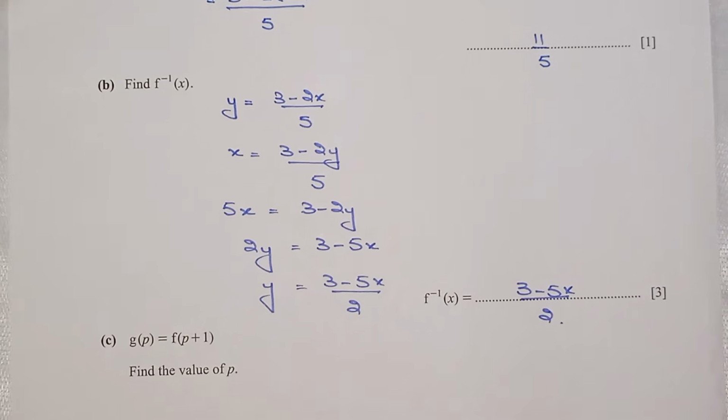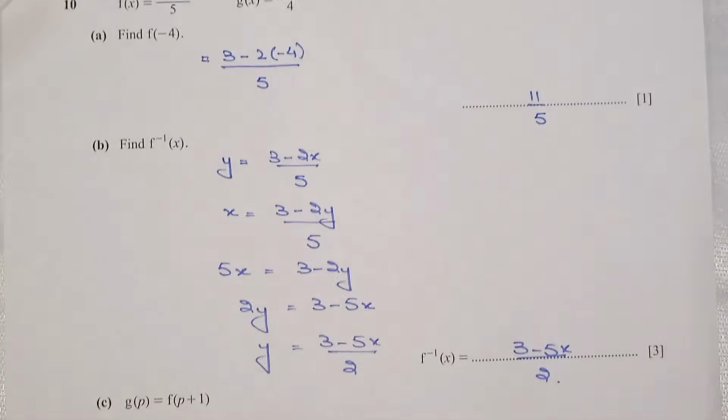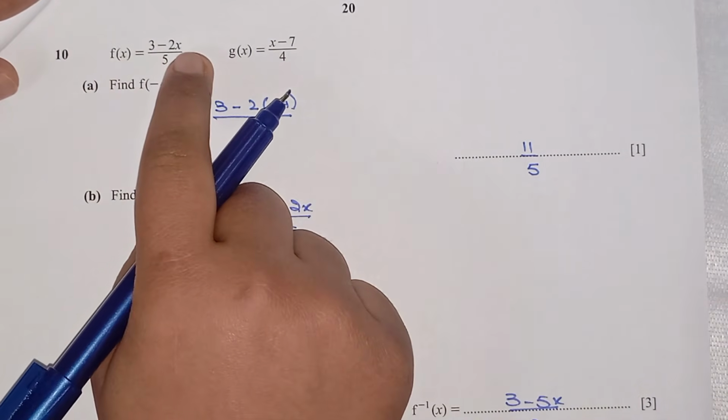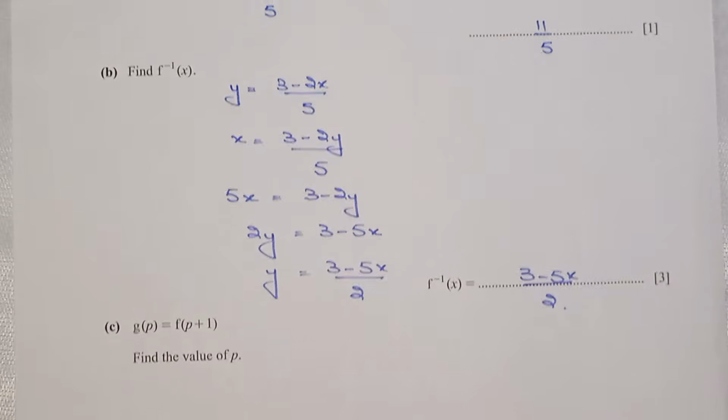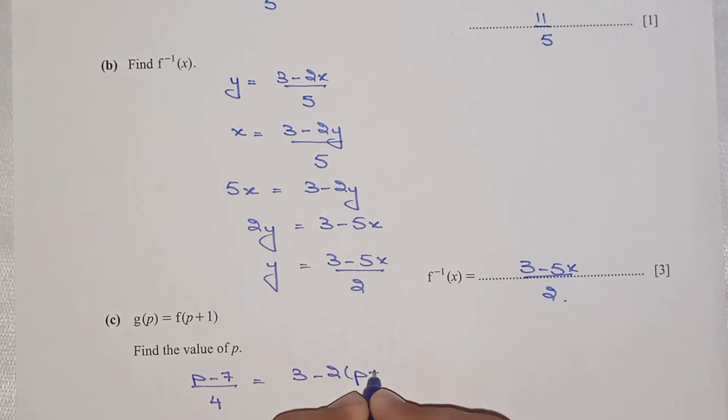Now for part C, g of p would be equal to f of p plus 1. Find the value for p. So first we need to put the value of g of p, replacing x with p, and here the x with p plus 1. So g of p would be p minus 7 divided by 4. This would be equal to 3 minus 2 times p plus 1 divided by 5. Let's do a cross multiplication. 5p minus 35.